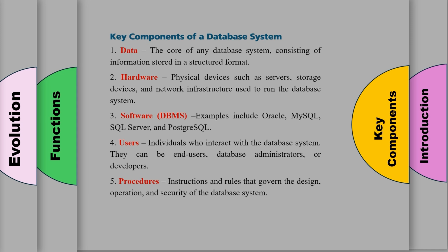You should also consider the users, the individuals who interact with the database system. They can be end users, database administrators, or developers. The last one is procedure, the instructions and rules that govern the design, operation, and security of the database system.